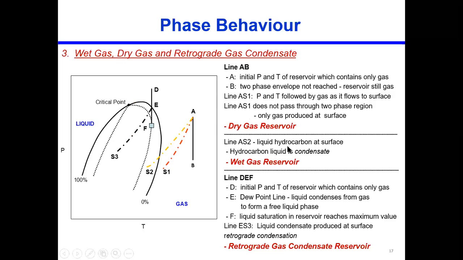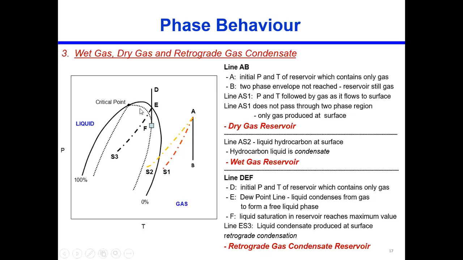As for the gas, we have different kinds of gas reservoirs. We have the dry gas reservoir, the wet gas reservoir, and then the retrograde condensate reservoir. When we talk about the dry gas reservoir, it means we are dealing with purely methane and ethane. It has no liquids.